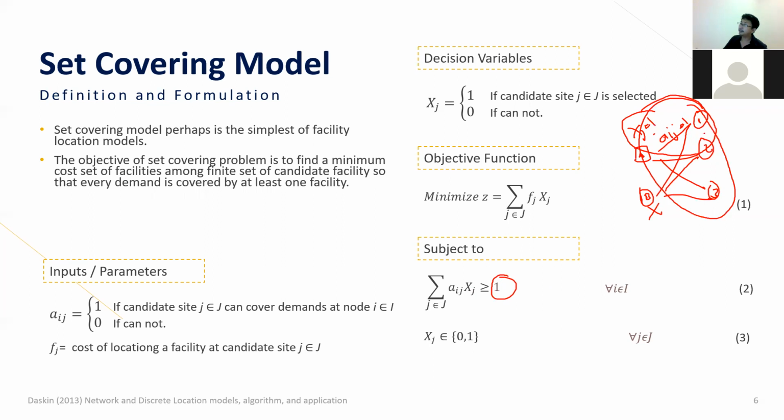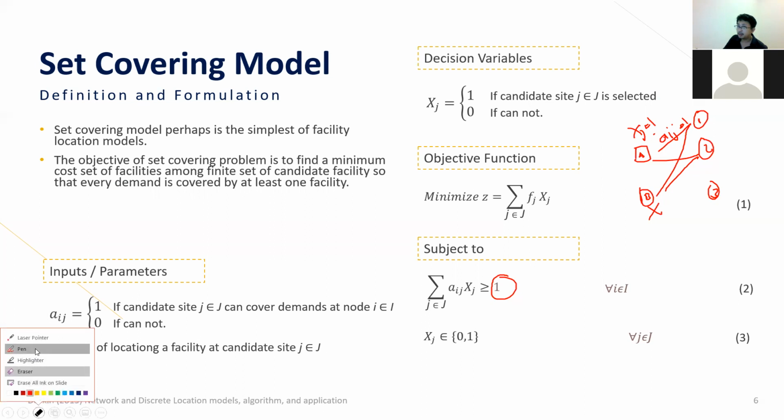But if, let's say, facility A only covers node 1 and 2 here, like this, the model will push you to open facility B to make sure node 3 is being covered by at least one facility, because here we don't have the connection from A to 3.